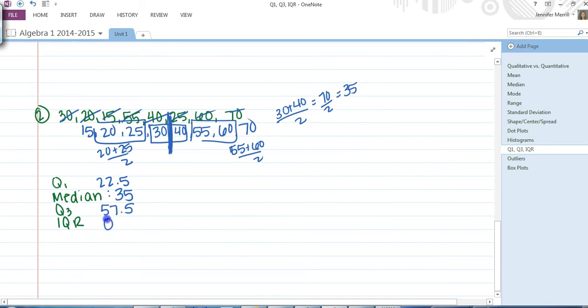Because we take the Q3 minus the Q1 to find our IQR, we're going to take 57.5 minus 22.5, which is equal to 35. So our Q1 is 22.5, the median of the first half. The median is the middle. Q3 is the median of the second half, and then IQR is the difference between the two.